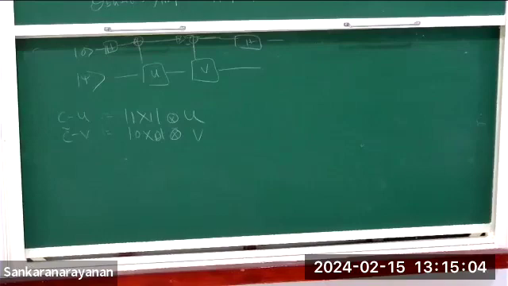The first extension: we are applying U and V with equal weight. If you consider that the weight on U is 1, the weight on V is also 1, right? How do I generalize this?